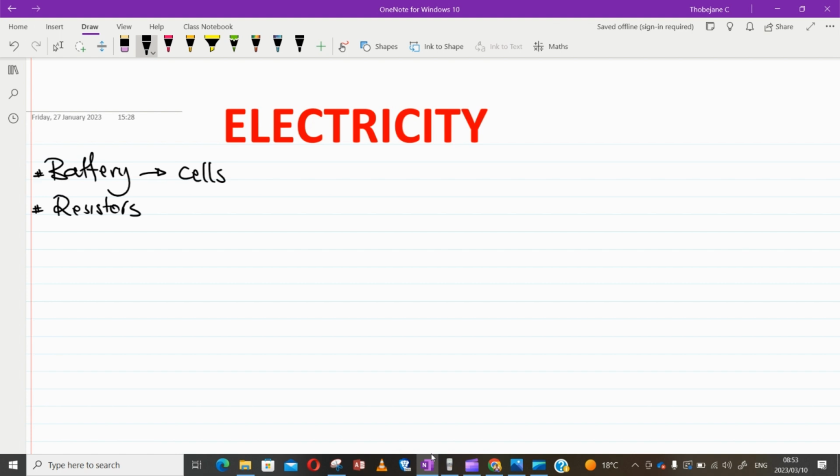Remember, a battery is a form of supply of energy, some sort of power bank. A battery is mostly identified as a DC supply, which means a direct current supply. It's not an alternating current.